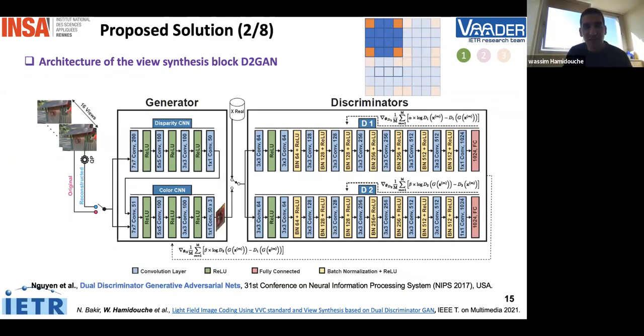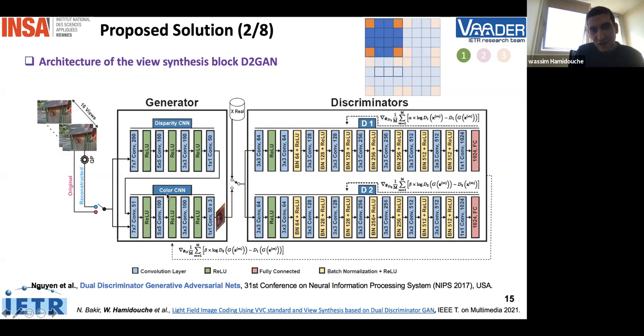So first, this is the architecture of the synthesis block. It is composed mainly of one generator and two discriminators. The generator is based on two convolutional neural networks. The first convolutional neural network estimates the disparity of the missing view, the no reference view.